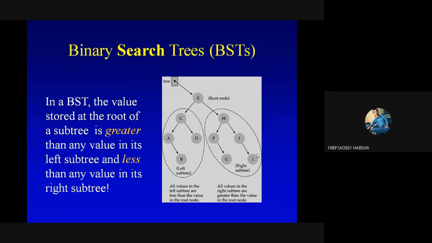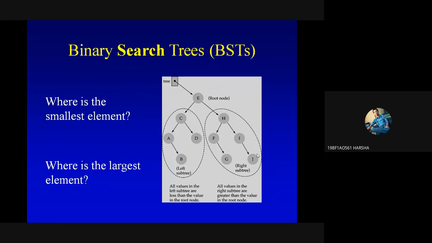So what are the different operations we generally encounter to manipulate this binary search tree data structure? The first is searching the data, inserting the data, deleting the data, and traversing the tree.